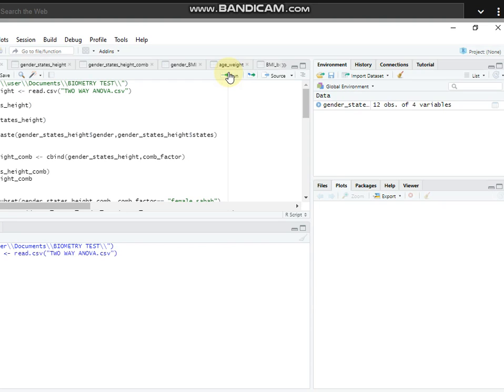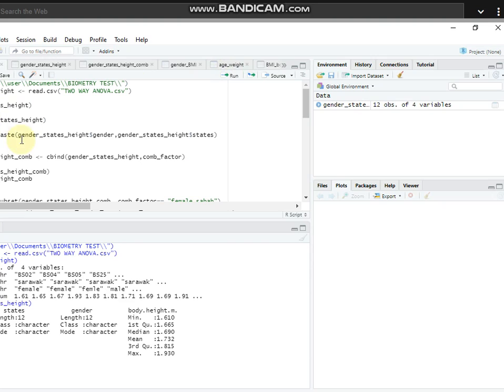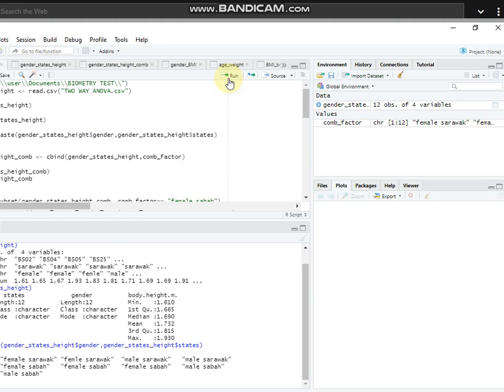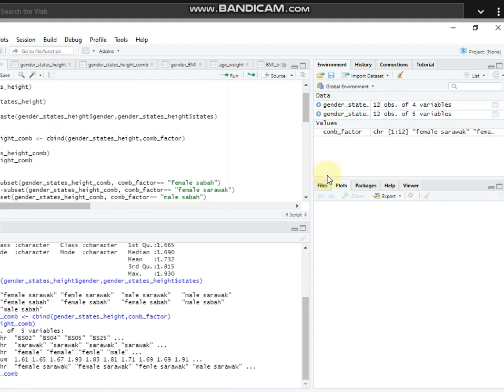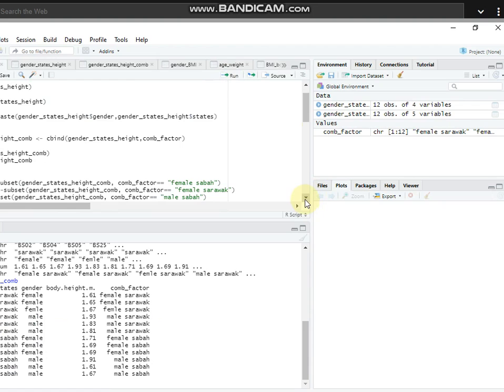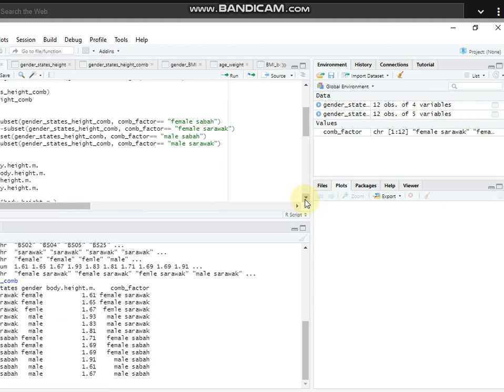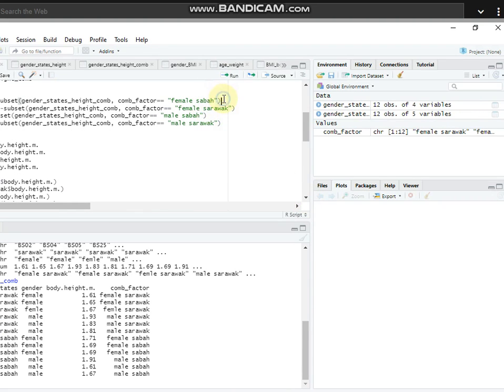So we structure the gender state summary, we combine the factor with the object gender and also state, and run. Now we try to combine this. Next we set a subset for each of the data. So we run.